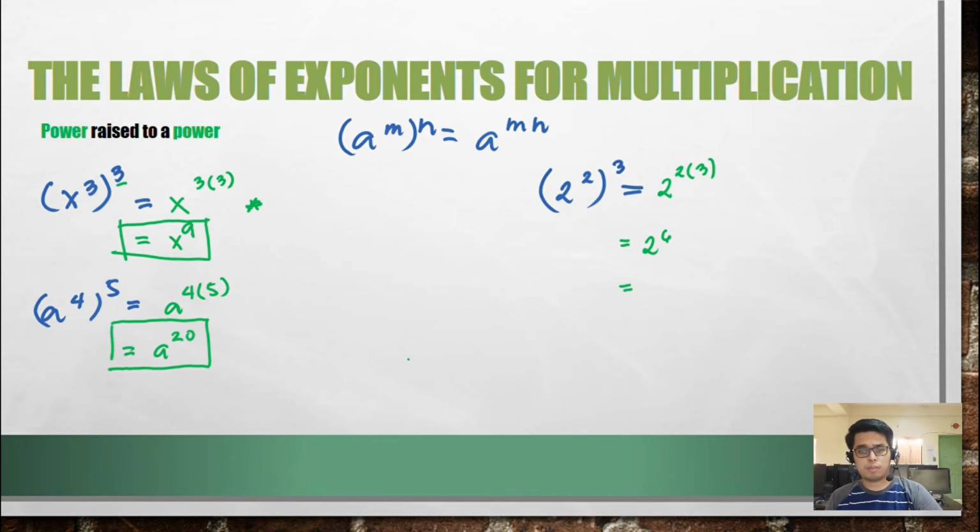So sabi ko nga kanina, parang ganito yung ginagawa namin. 2 times 2 times 2 times 2. Kasi 6 daw, 2 times 2 times 2 times 2. Ilan ba yan? 5 pa yan.